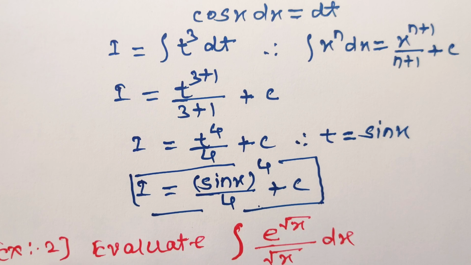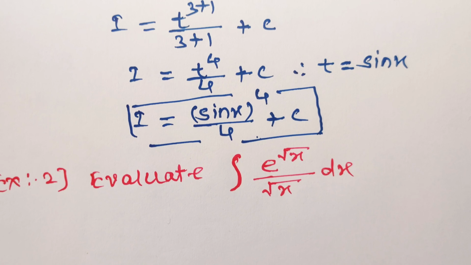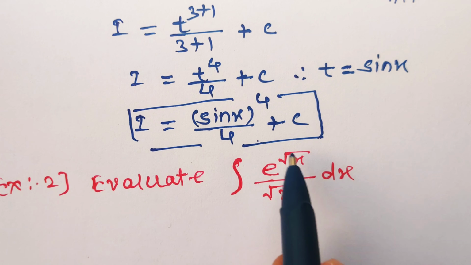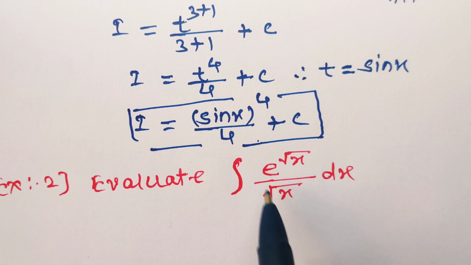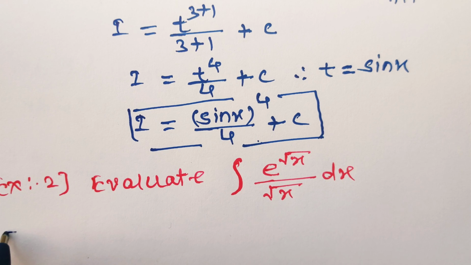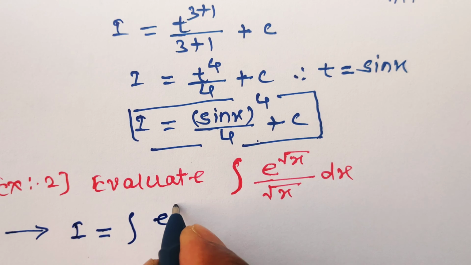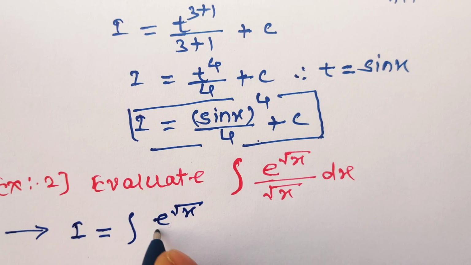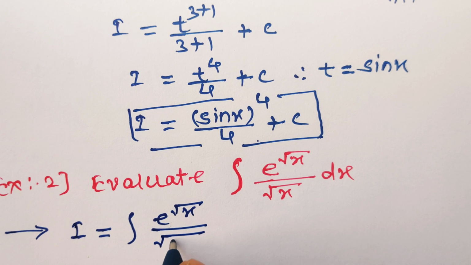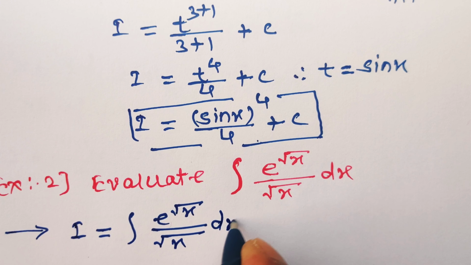Let us evaluate second integral. Integral of e to the power root x divided by root x with respect to x. Here also we have to split this integrand because the integrand is complex. Means we have to use substitution. First of all, consider I is equal to the given integral e to the power root x divided by root x with respect to x.